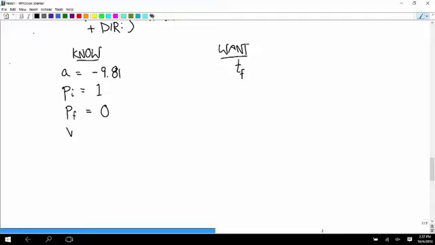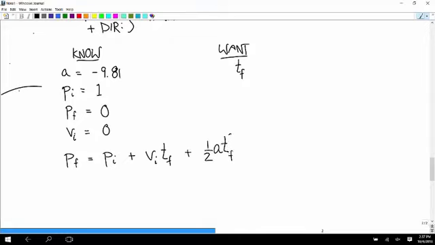It's dropped from something that's not moving, so VI is 0. And final velocity? Unknown, but we're happy without it, so I'll just leave it off. Look for one of the 3 1D kinematics equations that work here. The one that works is PF is equal to PI plus VI TF plus 1/2 A TF squared.